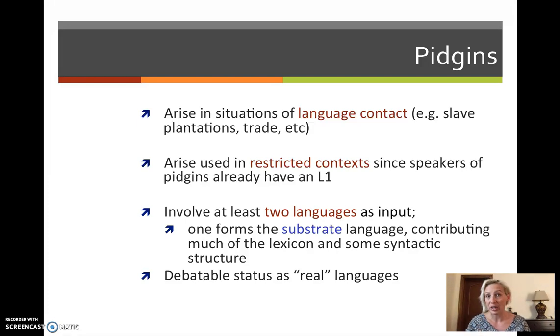So, like we saw in the example on the previous slide, the example from a pidgin really sounded mostly like English. So it is debatable whether they can be classified as real languages, right? They are a method of communication using two different languages in a situation where the speakers don't know a lingua franca, they don't know a third language that could help them.